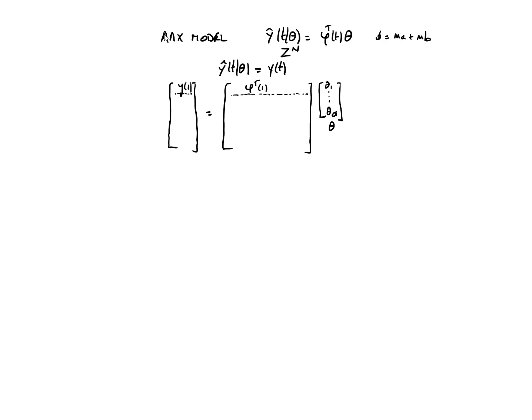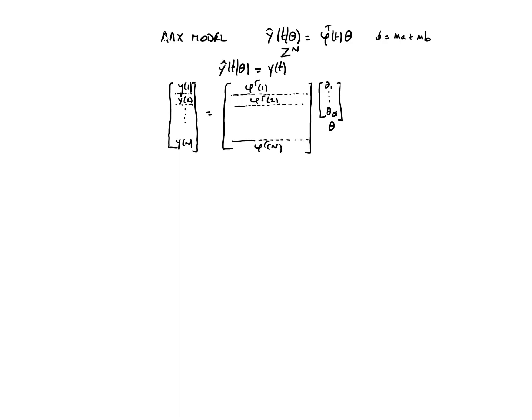Of course, we can write this equation for time t is equal to 2, and we can keep on doing this up till yn over here, and we have then phi transpose n.